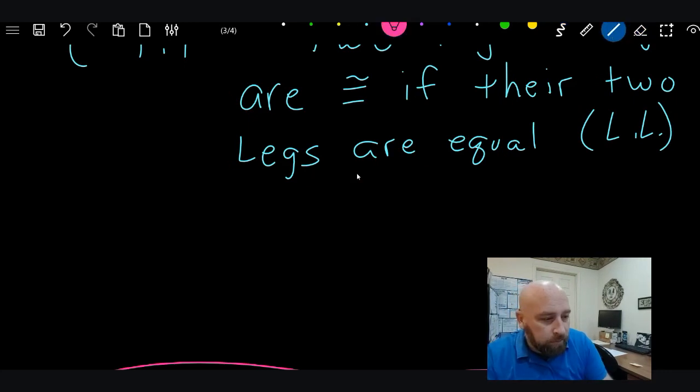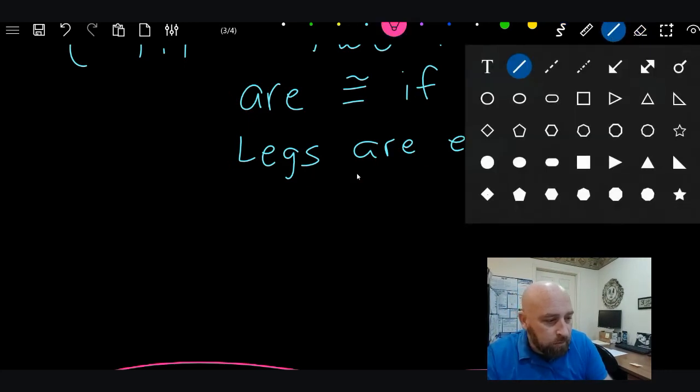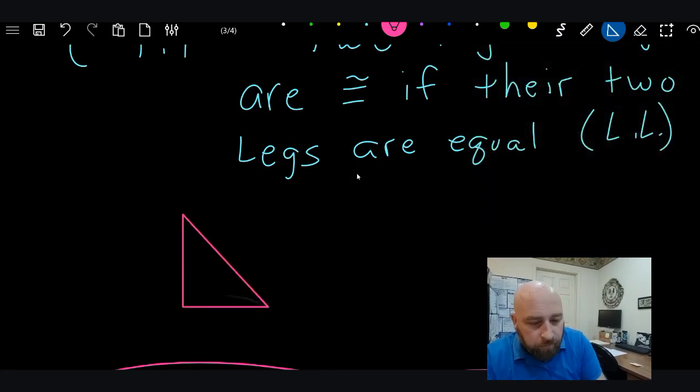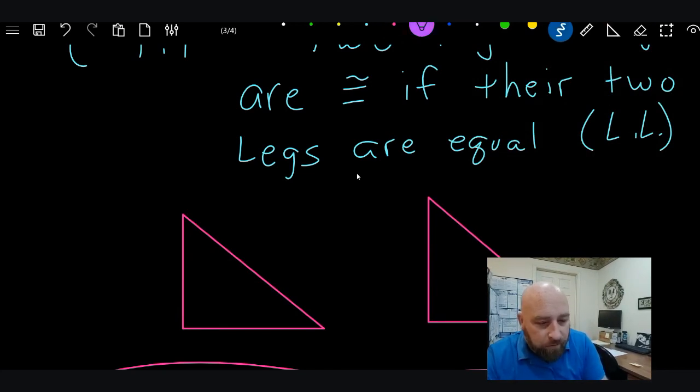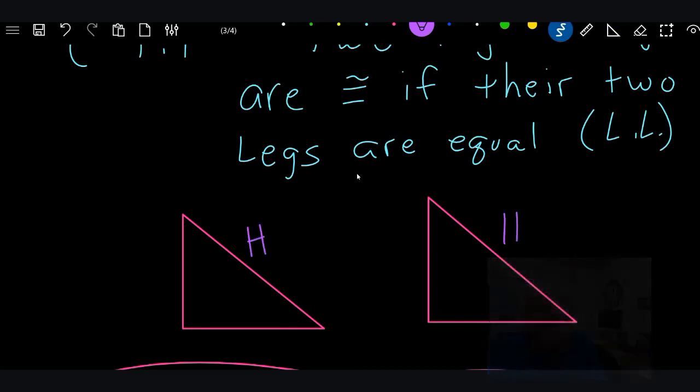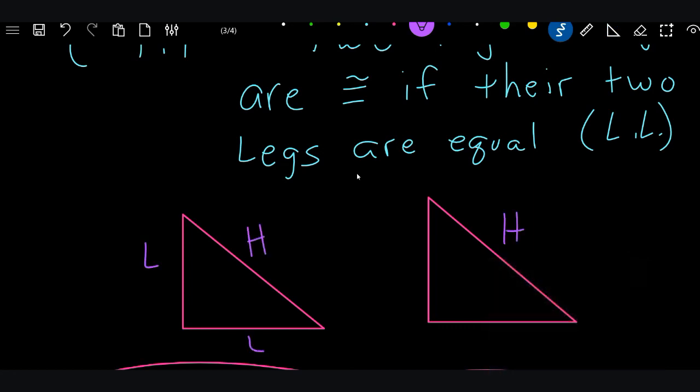Let me show you two right triangles. All right, so there's a right triangle, and there's a right triangle. So if I can prove that their legs, remember this is the hypotenuse over here. This is the hypotenuse. These are legs. So if I can prove that those two legs are equal, let's say that these are 7, 7, if those match, and this one's 8 and 8.